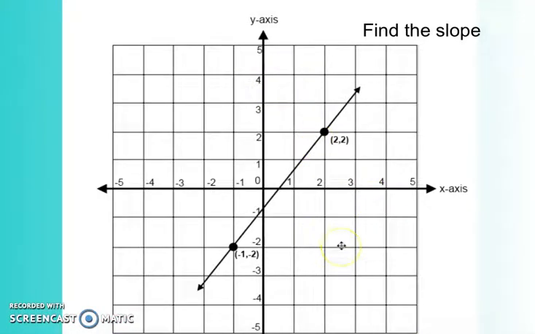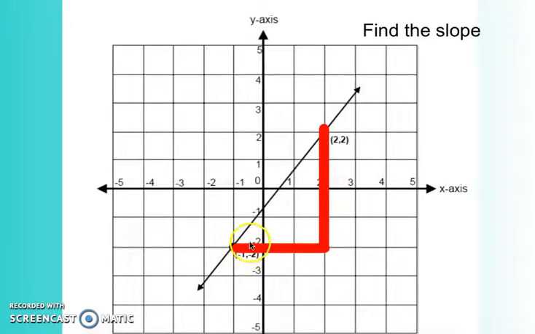Now, if I'm looking at this, so I can find my slope, first of all, I could draw a line. I could see even what my rise and run is just from making this little staircase. I can see that I am running to the right.